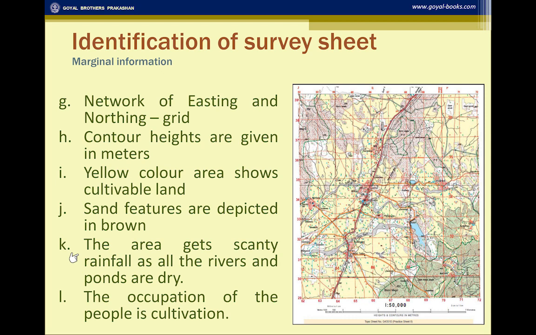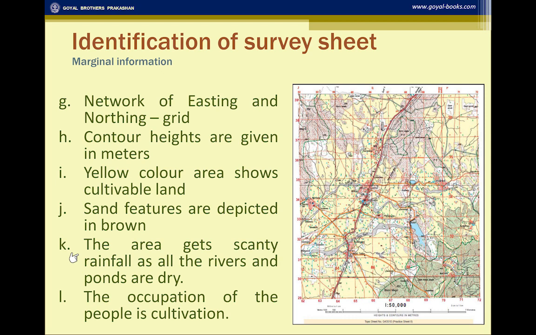We can depict by looking at the conventional signs and symbols that the area is getting scanty rainfall or the seasonal rainfall because all the rivers and the ponds are dry. How do we know they are dry? Because they are shown in black. The ponds are shown in black and the rivers are also shown in black.